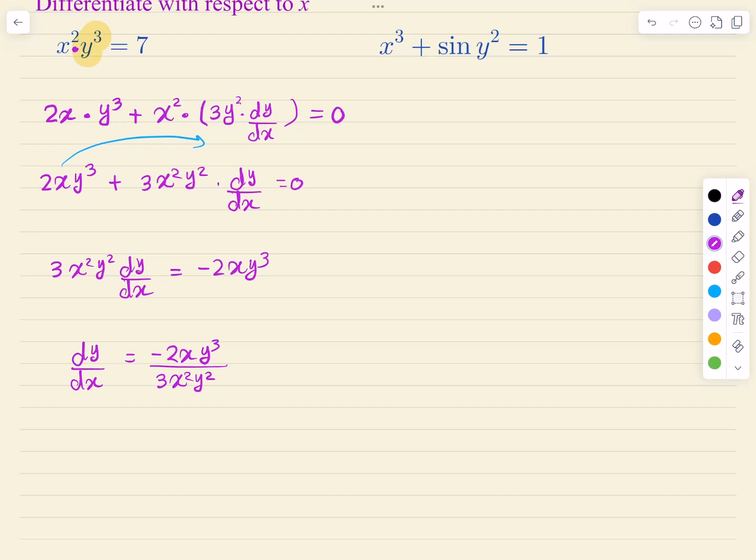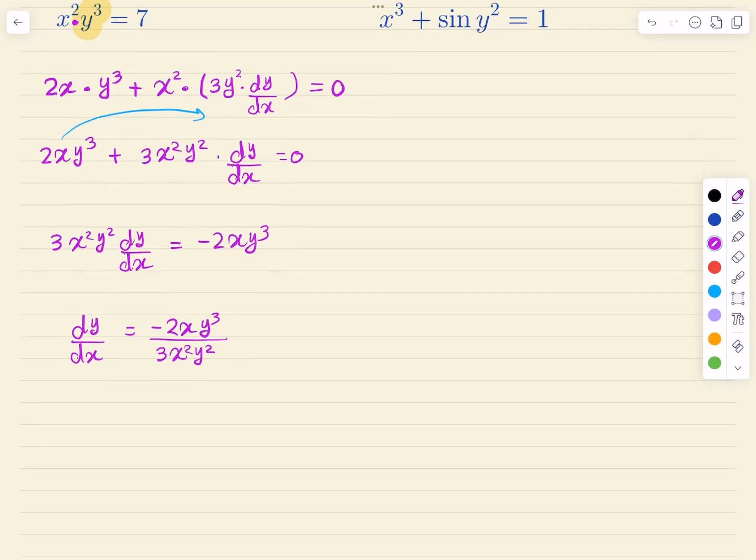And we can simplify, so cancel x up and down. Here we can cancel 1x from both, and cancel y squared also from both. So we will have y only divided by 3x only, because when we cancel x from both, we will have only x down, and when we cancel y squared from both, then we will have only y above.